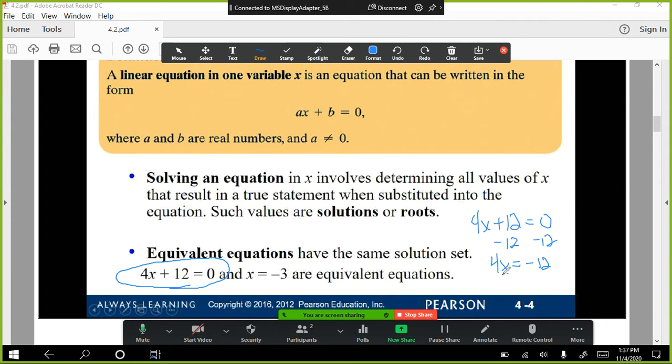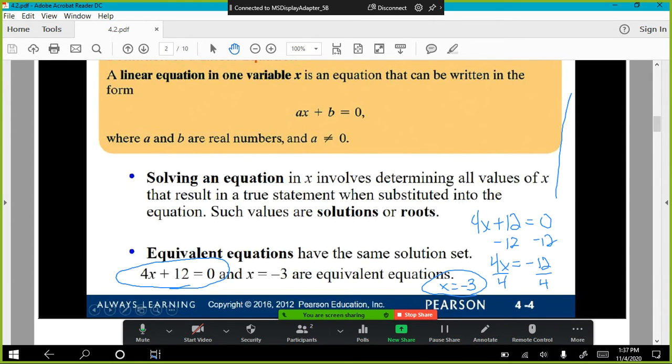Then you divide by the coefficient of the x, right? Whenever we're solving equations, we essentially do the opposite of what they had done. They had added 12, so we subtract 12. They had multiplied by 4, so we divide by 4. And we get x equals negative 3. Okay? So that's the gist of what we're doing today.